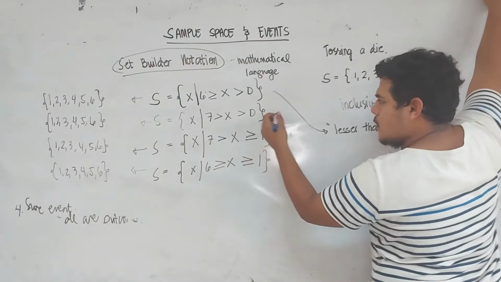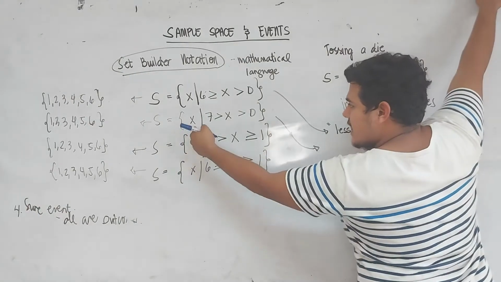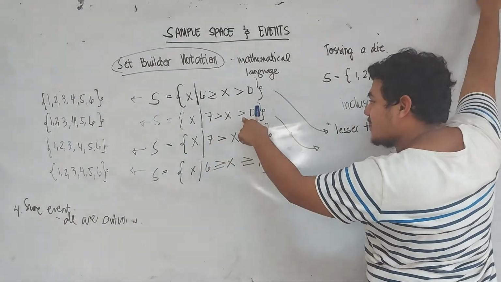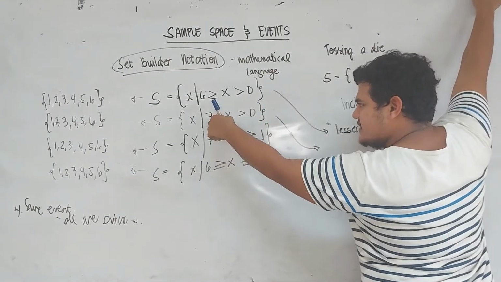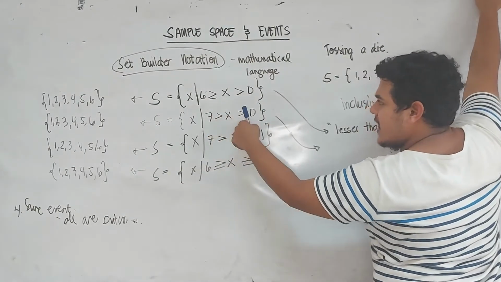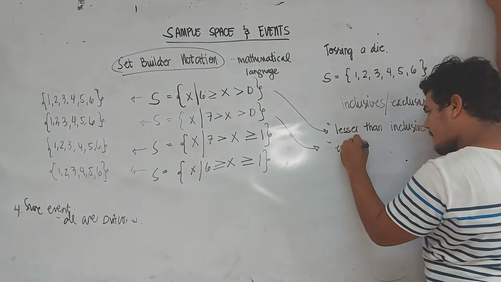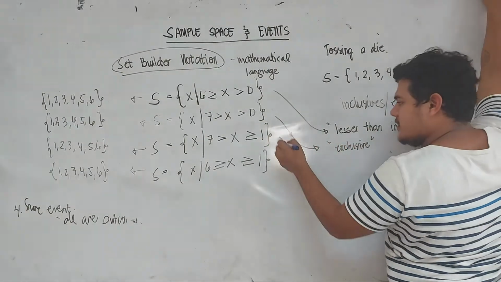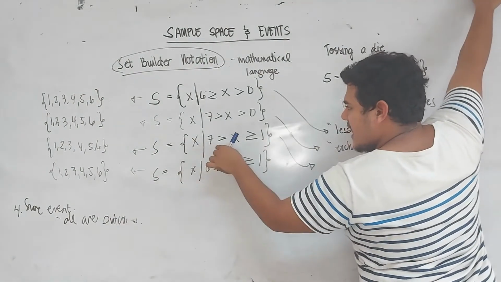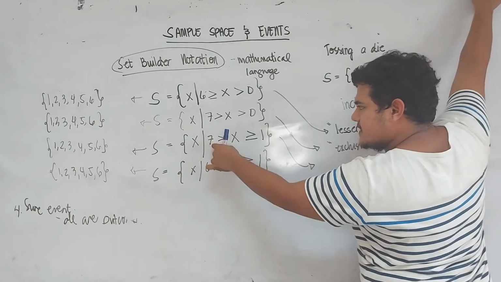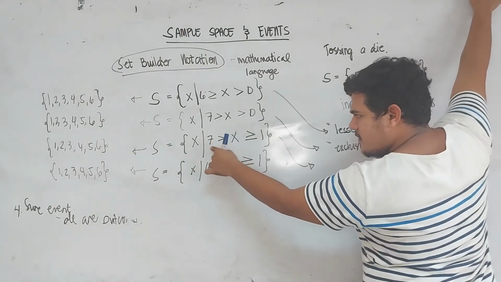Ayan. How about in the second one? S is equal to X such that X is greater than 0 but is less than 7. Na inclusive still ang diha, na apil na diha, wala. That is what we call exclusive. How about here? X such that X is greater than or equal to 1 but is less than or equal to 7. So exclusive, inclusive.